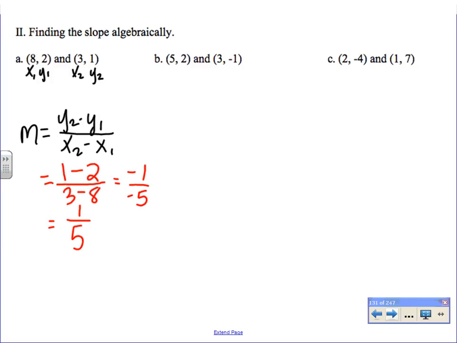No. But you have to be consistent. So if I start with the second and subtract for y, I have to make sure for the x's I start with the second and subtract the first. If I start with the first, I have to make sure it's first minus the second, and my bottom is the first minus the second too. So whichever way you choose, you have to be consistent. You're doing the same thing on the top and the same thing on the bottom.